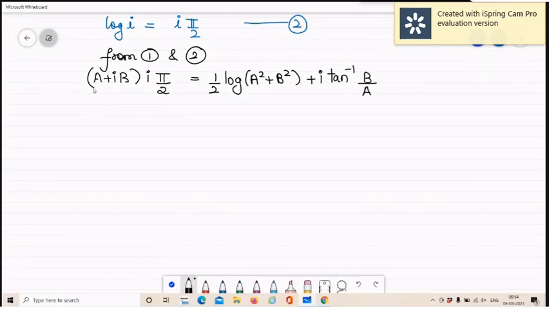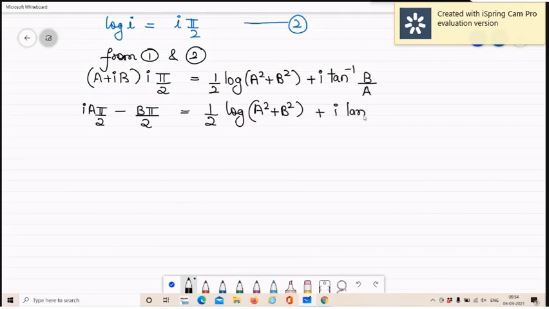I get i a pi by 2, and i square is minus 1, so minus b into pi by 2, equal to half log of a square plus b square plus i tan inverse of b by a.